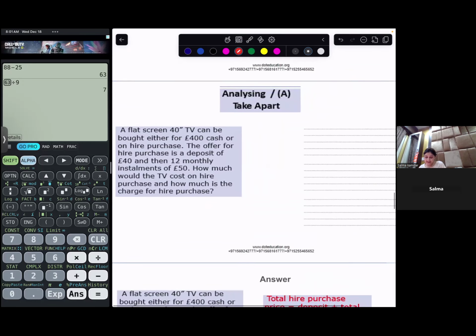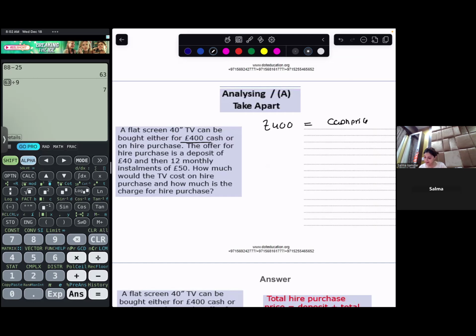I have a flat screen 40-inch TV. And this TV can be either bought for £400 cash. So this £400 is my cash price. I can either buy this for a cash price or I can buy it on hire purchase.